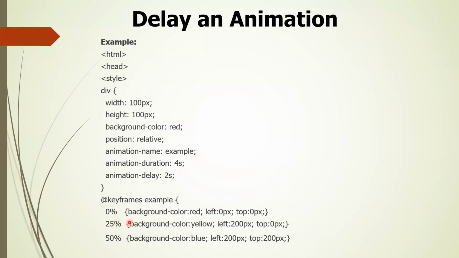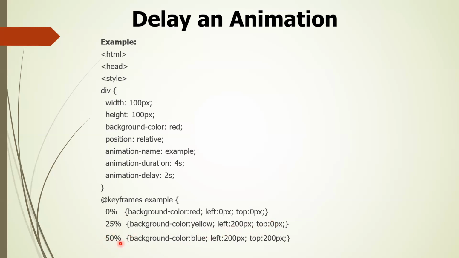When it comes to 25% of the total 4 seconds, that is 1 second, the container will be moving to another position. From the left, it has to move 200 pixels to the right. From the top, it will not move at all. So it will be going just straight, horizontally, 200 pixels away from the left.